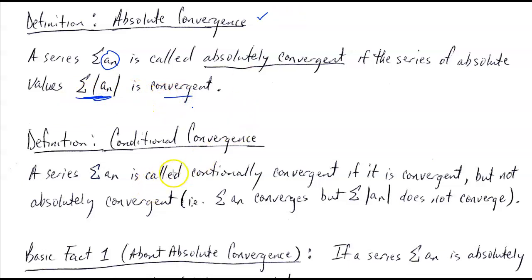Conditional convergence means that this particular series with the possible negative terms in every other term is going to be convergent. But when we strip those negatives out, we know that the corresponding series will not be convergent. Okay.